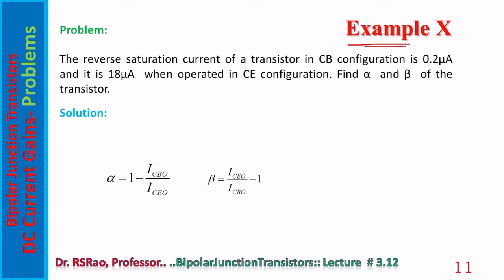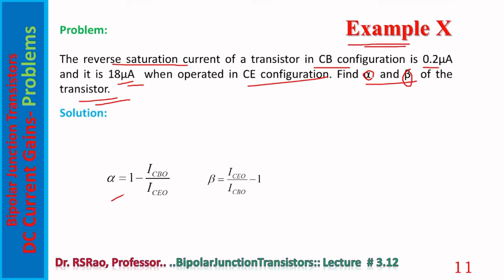Another problem, example. The reverse saturation current of a transistor in CB configuration is 0.2 microamperes and it is 18 microamperes when operated in CE configuration. Find alpha and beta of the transistor. We are asked to find alpha and beta.